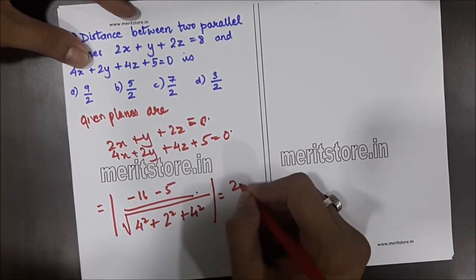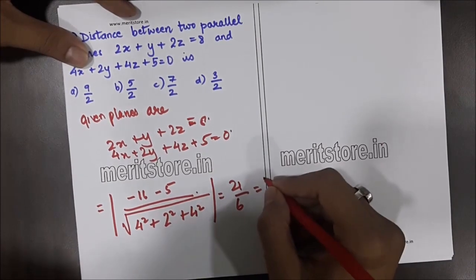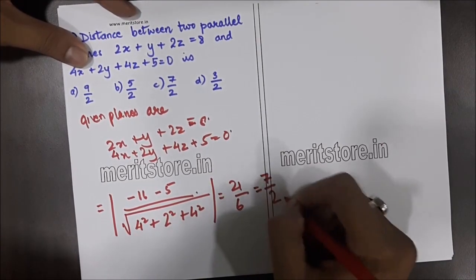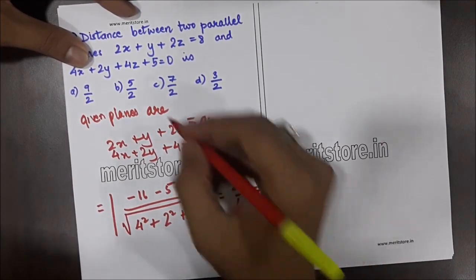Further solving this, we get 21 upon 6, which can be further simplified as 7 by 2. So, the correct answer is option C.